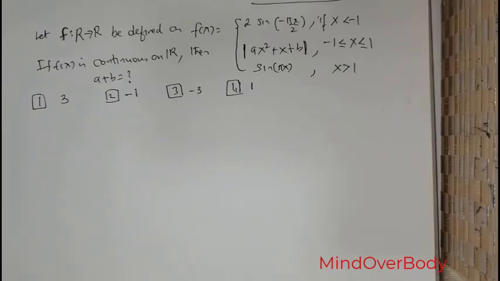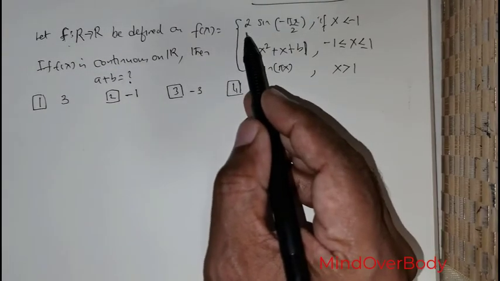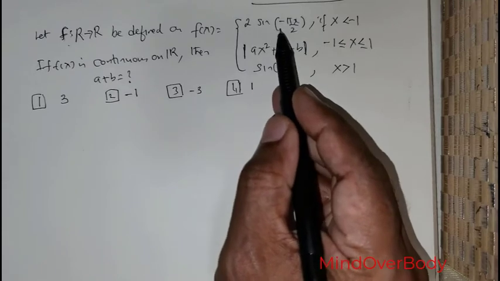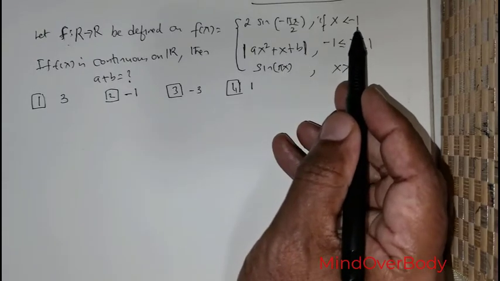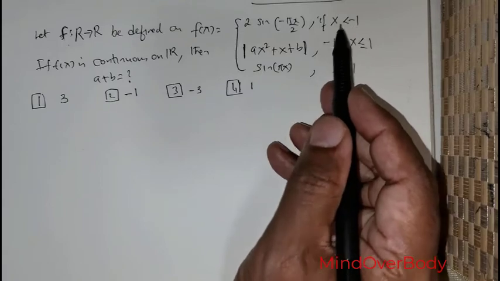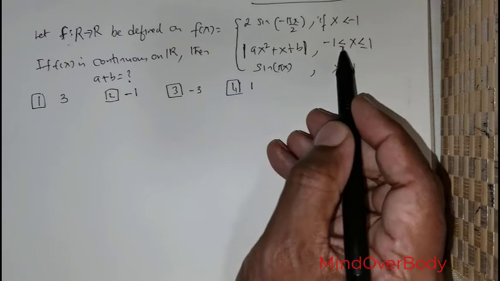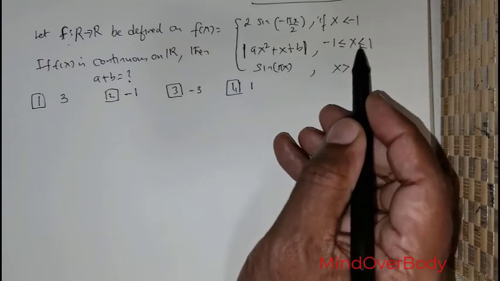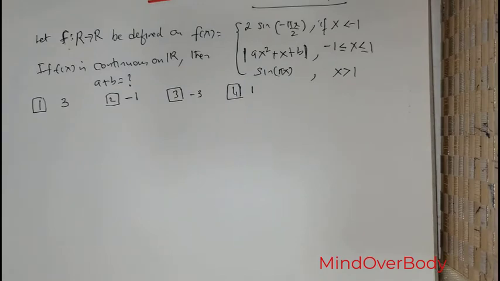Students, this next question is interesting because all we need to do is to guess and check. Now the function is defined in such a way that f of x is 2 times sine of negative pi times x over 2 if x is less than negative 1, and it is modulus of ax squared positive x positive b when x lies between negative 1 and positive 1, and it is sine pi x when x is greater than 1.